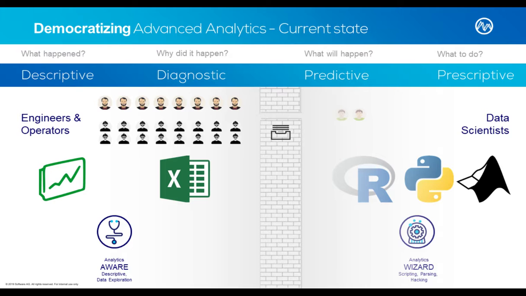We typically call these people analytics aware. Then if you look on the right-hand side, when you're looking more at the predictive and prescriptive side, what will happen next? What is most likely to happen in my plant? And what should I do about it? That's really the domain of the data science. And these profiles typically use tools such as RStudio, Python, or MATLAB. Scripting capabilities are really important for these people.